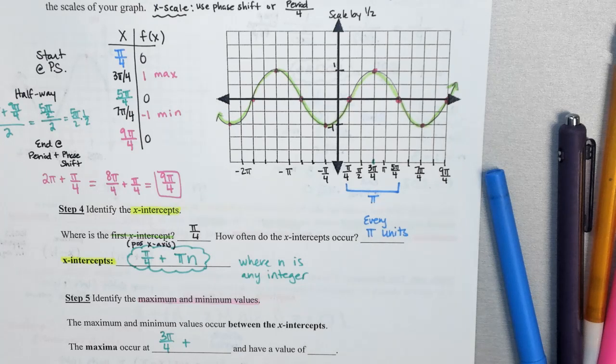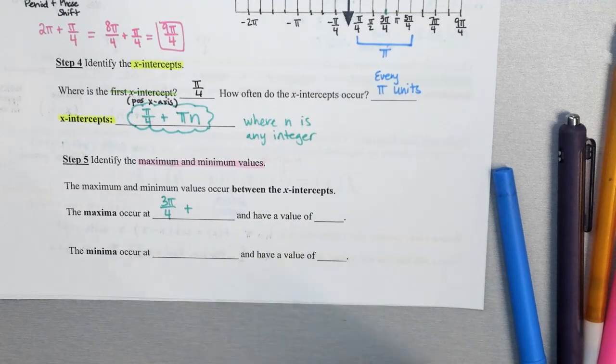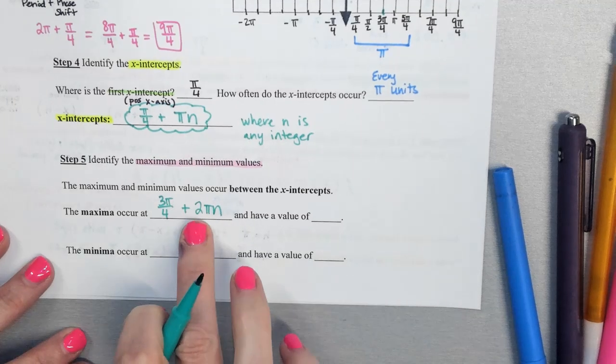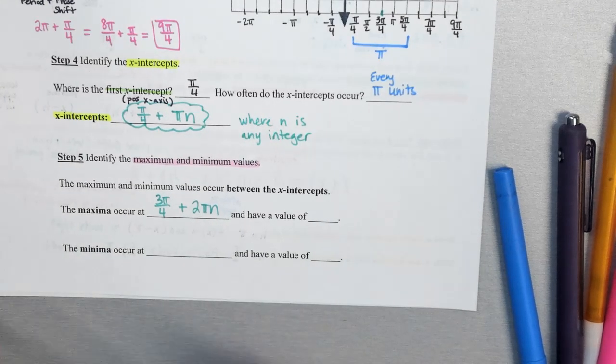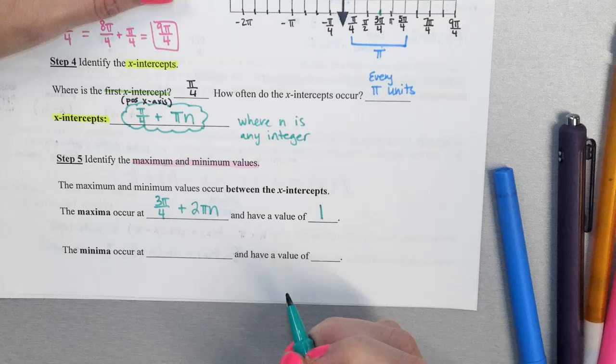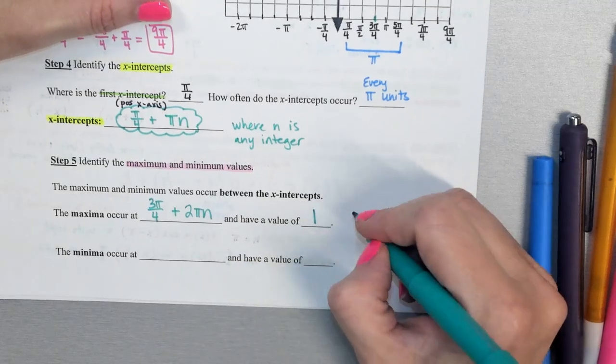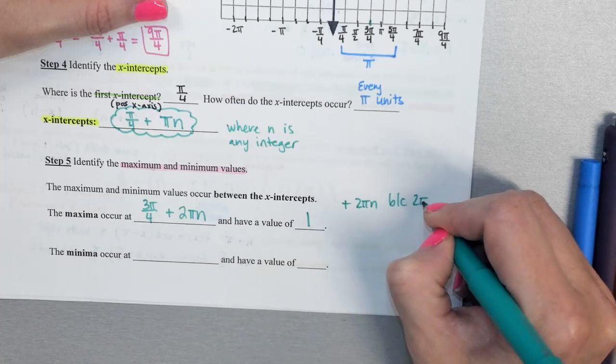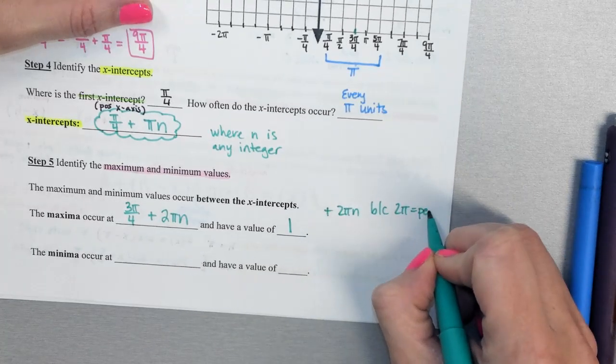Remember that's how we calculated the period in our packet? We went from maximum to maximum. So anytime you're calculating this, it's 3 pi over 4 plus 2 pi n because it's the period times n. And those have a value of 1. Okay, so it's plus 2 pi n because 2 pi is the period.